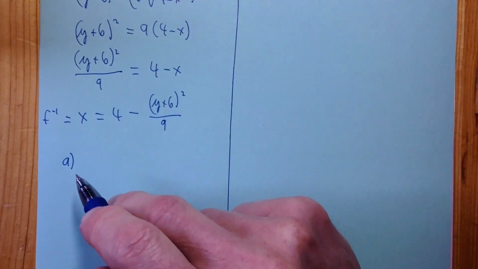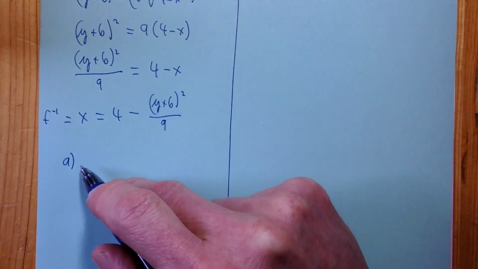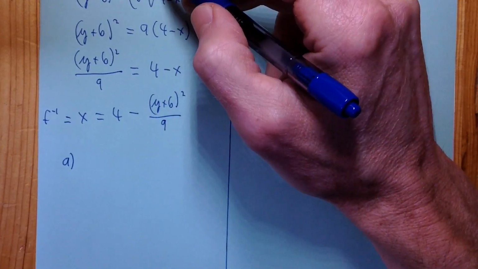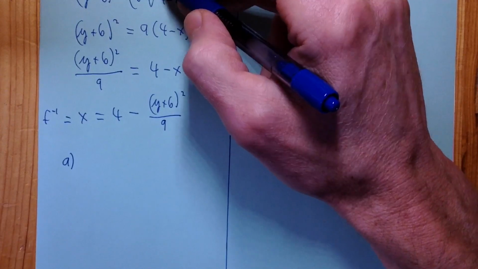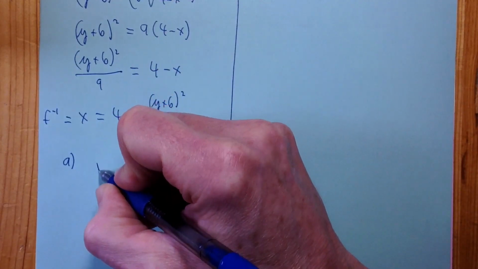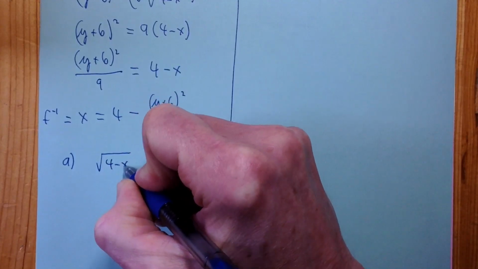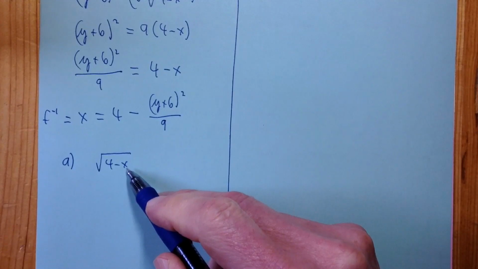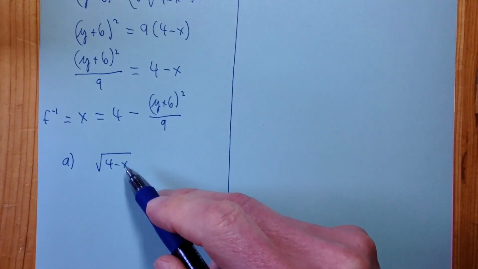Okay, so part A says the domain of f of x. The problem here is we just can't have the square root of a negative number. So we have the square root of 4 minus x. It looks like x can't be bigger than 4, right?